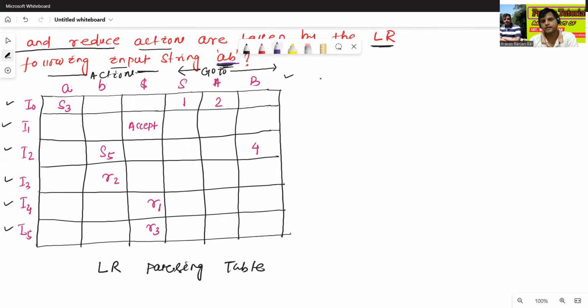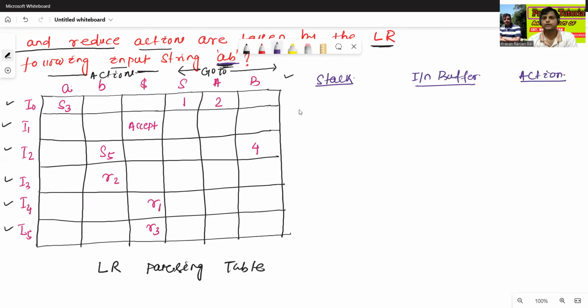Now we'll make columns for stack, input buffer, then action.